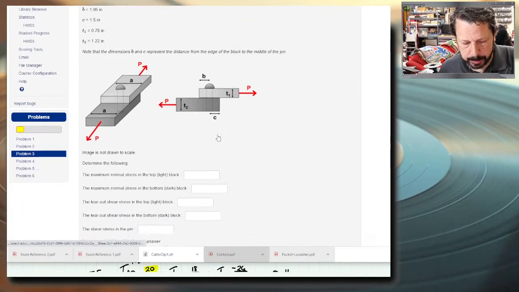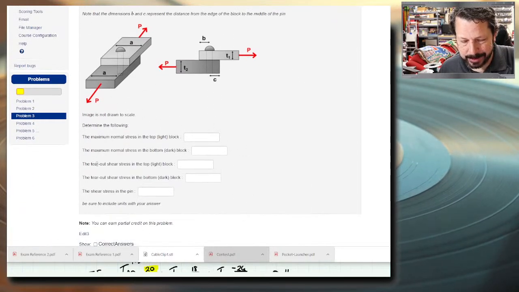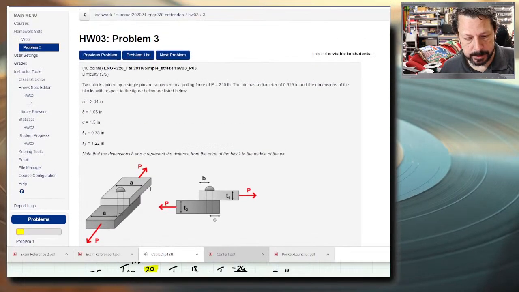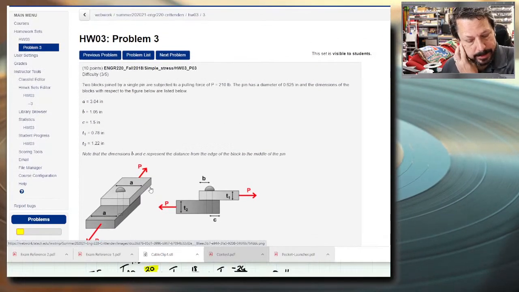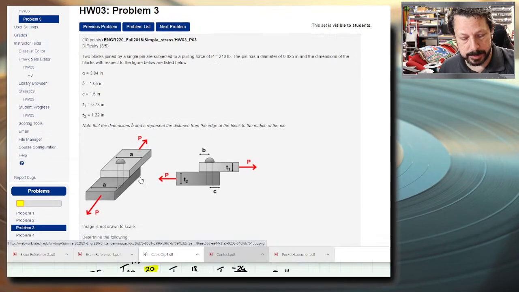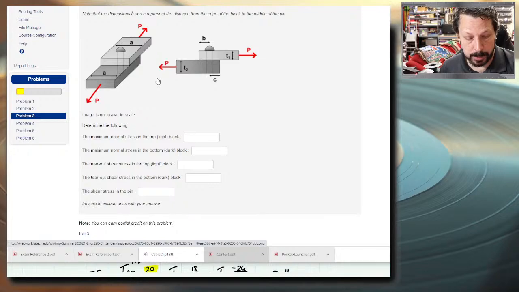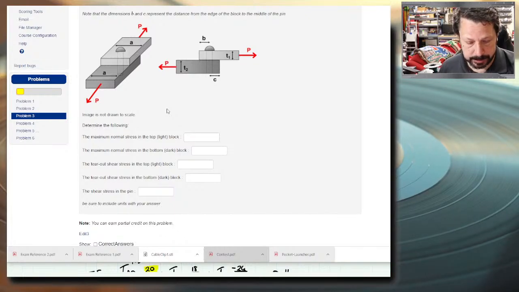Yeah, working a problem like this will give you plenty of practice with shear stress, axial stress or normal stress, and tear out stress, which is a shear stress. If you can do this problem, which is homework 3, problem 3, then you are pretty well set on the axial and shear stress problems. It won't be this same problem, but it's the same idea with calculating axial stress or shear stress.